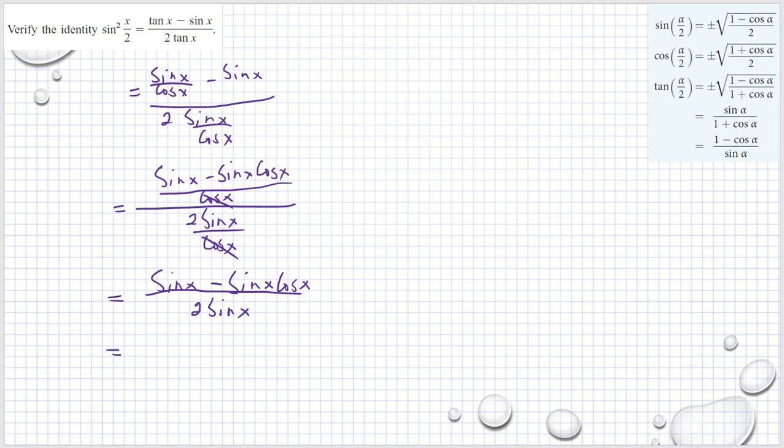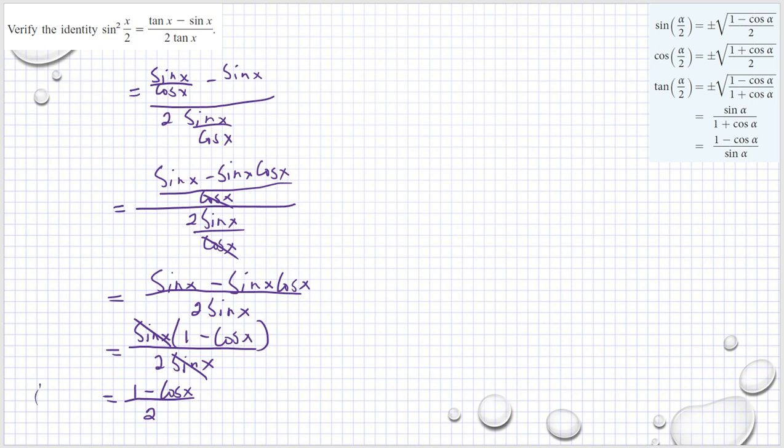We have a common factor, sine x, times 1 minus cosine x, divided by 2 sine x. So this will become 1. Then we have 1 minus cosine x over 2. Okay, they are now equal.